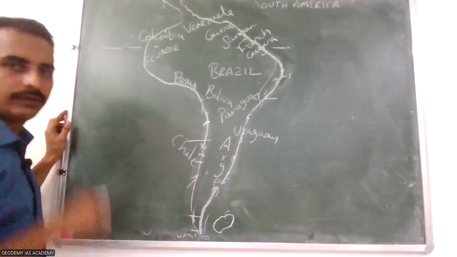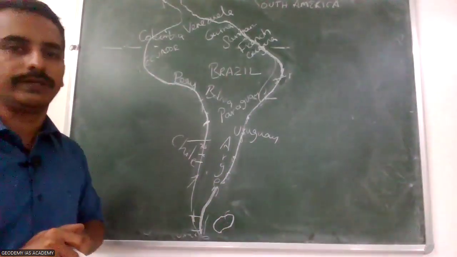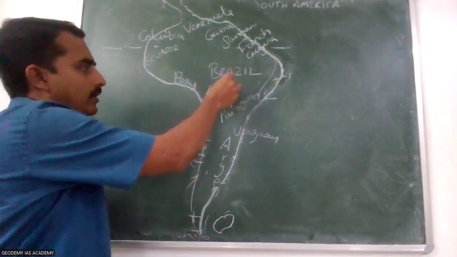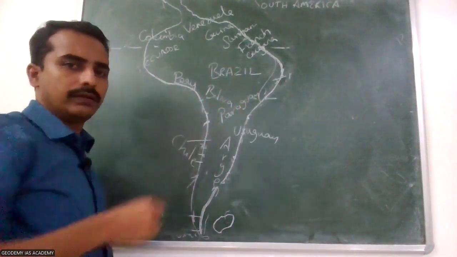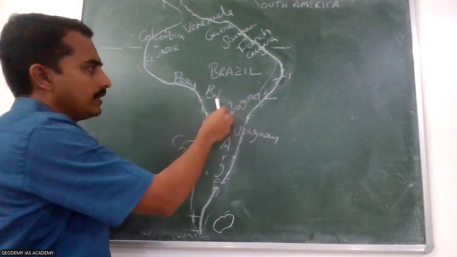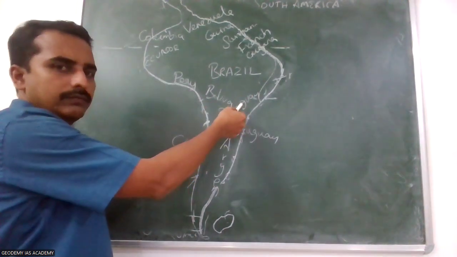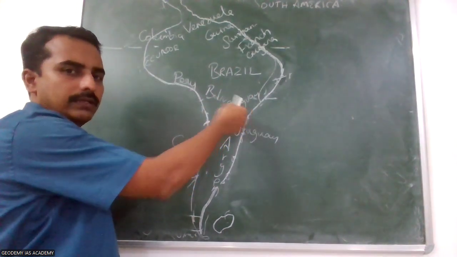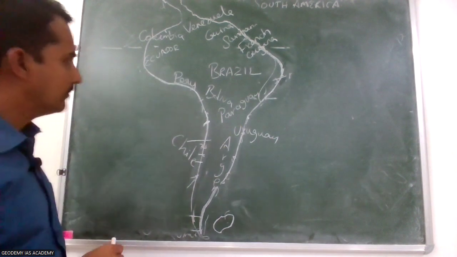Falkland belongs to UK. So these are the countries in South America. Okay, and the Paraguay River, Parana River, Pilcomayo River. Here, the Parana River is the boundary between Bolivia and Brazil, Argentina and Brazil. So those countries. Okay, done.